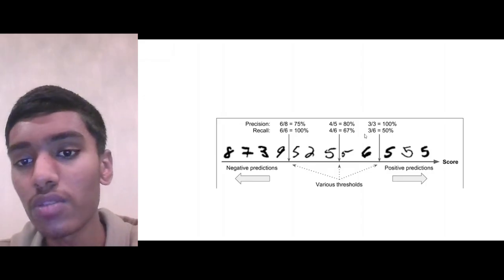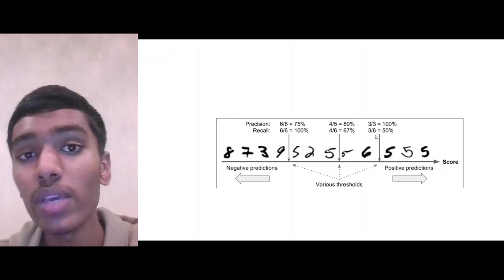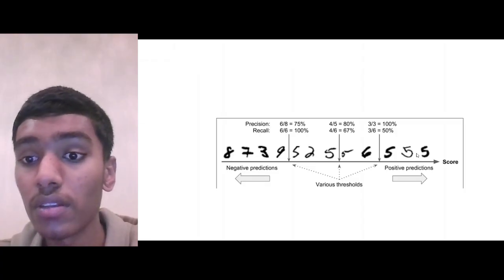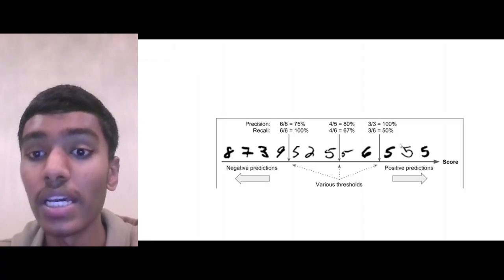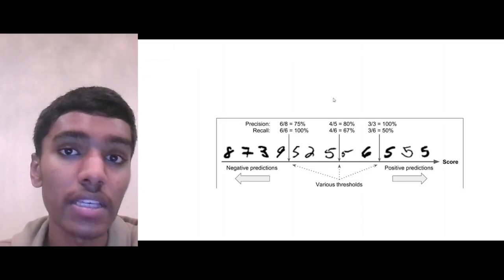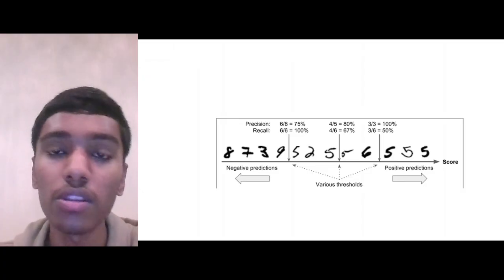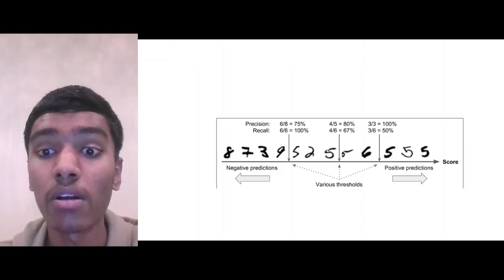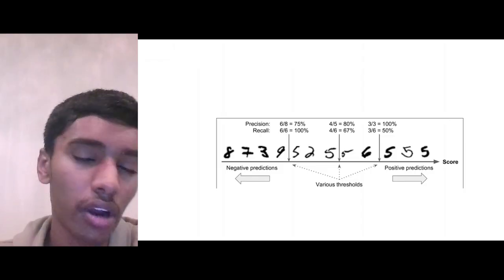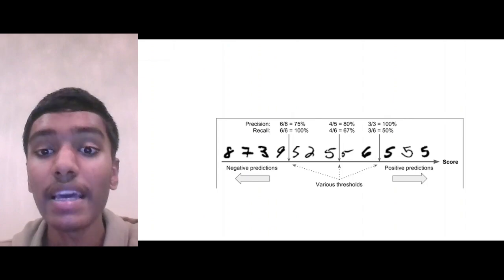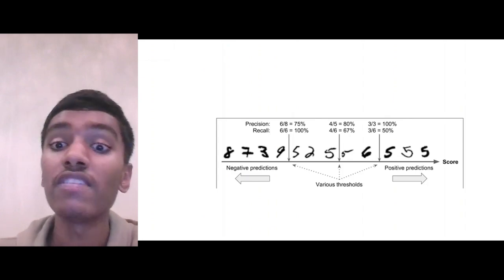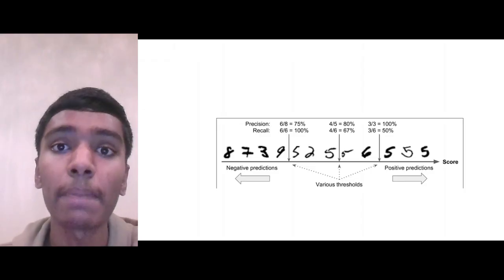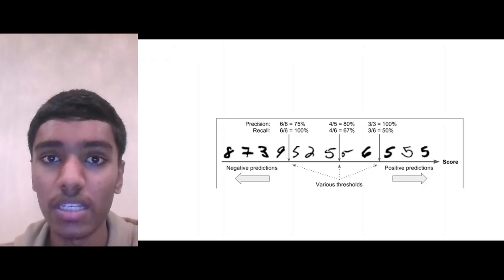And so when we shift the threshold to the right, we have a greater chance that all the values that now fall above that threshold are equal to 5. And if we have a greater chance that all the values above that threshold, or the target values at least, are equal to 5, then that means the values we predict as being 5 have a very high probability of actually being 5.